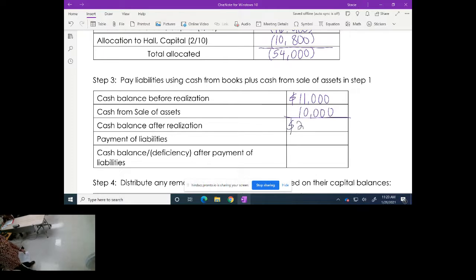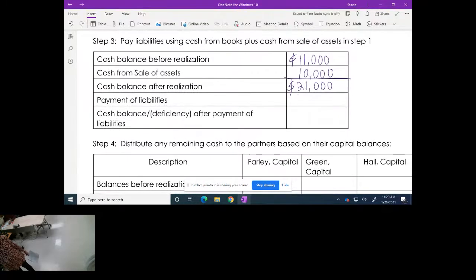21,000. They have $21,000 to use to pay off their debts, and their debts are how much? 9,000. So we'll subtract that from our 21, and that leaves us with 12,000 in cash.